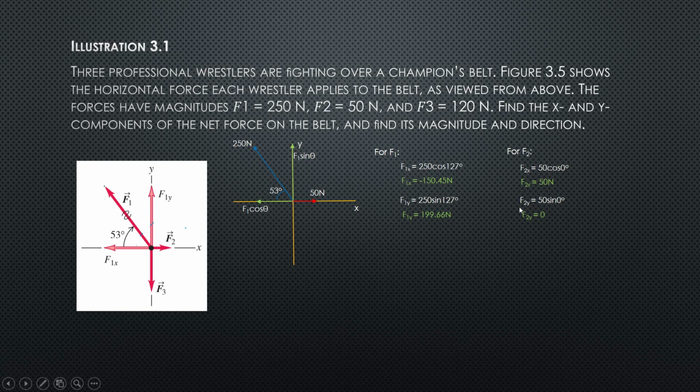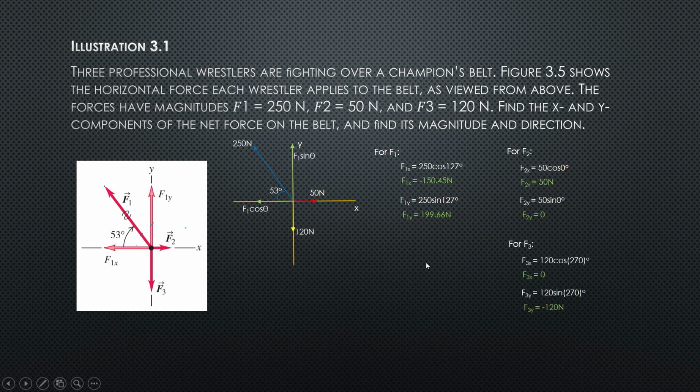The F2 y component is 50 sine 0 degrees, and sine 0 is always 0, so this becomes 0. As you can see, this force doesn't have a vertical component, it is purely horizontal. Now for F3, which is 120 newtons, the direction is going down. So probably the answer is purely y and negative 120 newtons. There is no x component.